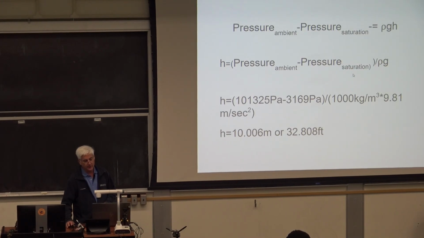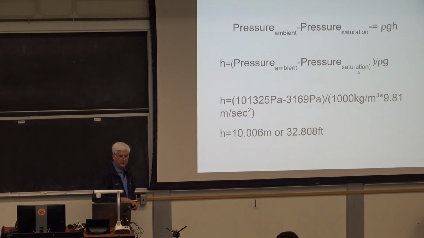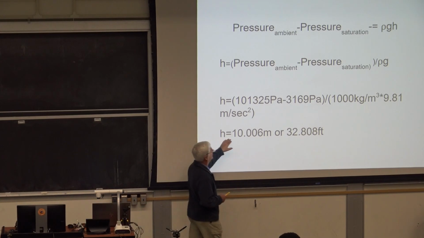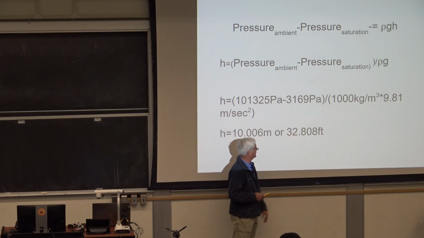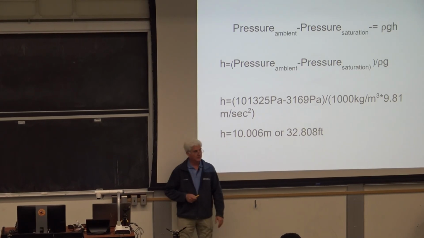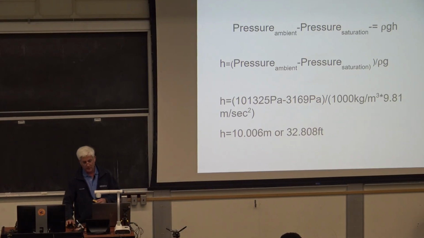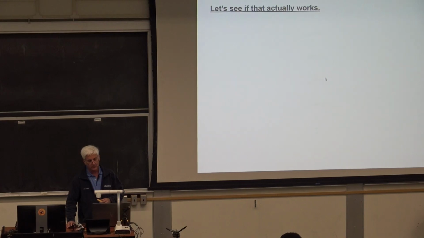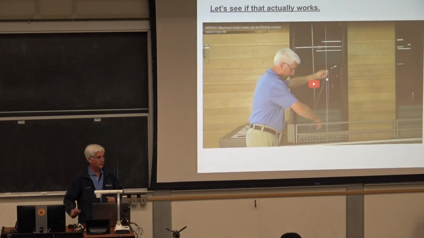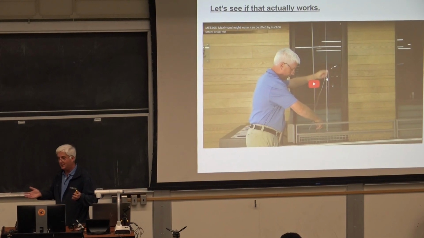Throw some numbers in there. And now, at 72 degrees, all I can lift that to is 32.8 feet. So it takes off a bunch of distance, because that water's going to start to boil. So of course, me being me, I had to actually go do it.